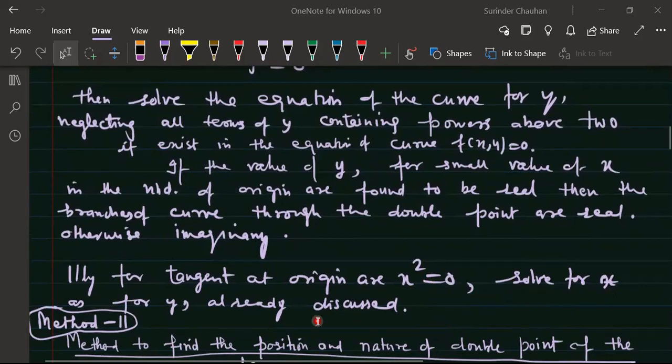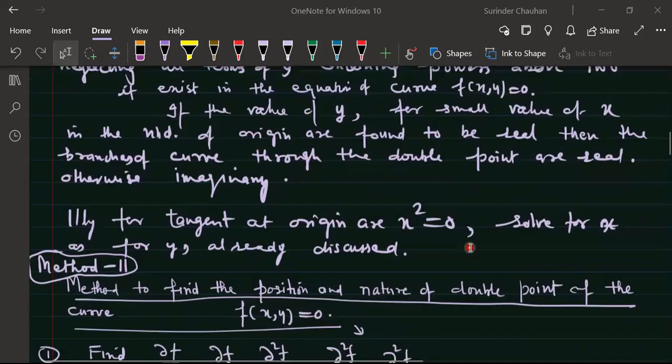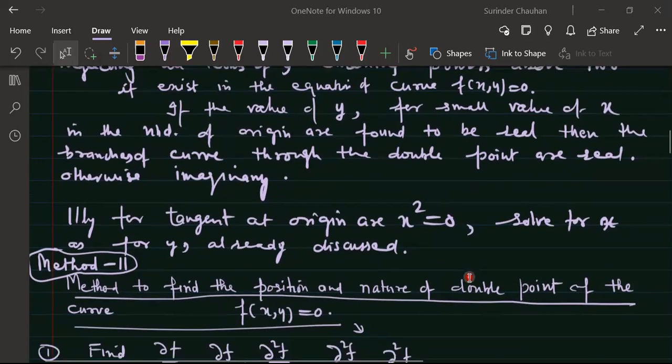Similarly, if the values of x are real in the neighborhood of the origin for small values of y, then the real branches of the curve pass through the point, and the double point is a node or cusp. Otherwise, if the values of x are not real, then the branches are not real.